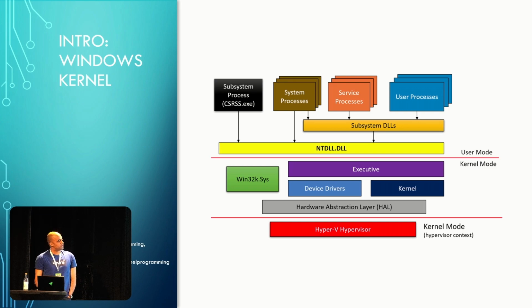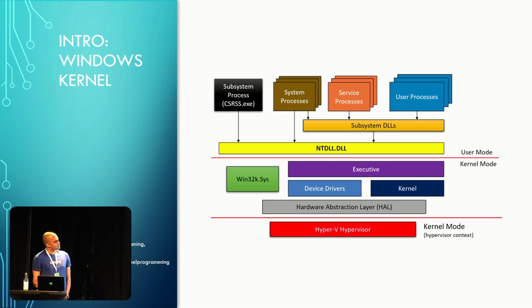Then eventually a syscall instruction will get called, and that will trigger the transition into kernel mode. One of the most important parts in the kernel is the executive, there in purple, which includes mostly the various managers: object manager, process manager, security manager, input-output manager. There's a lot of managers.